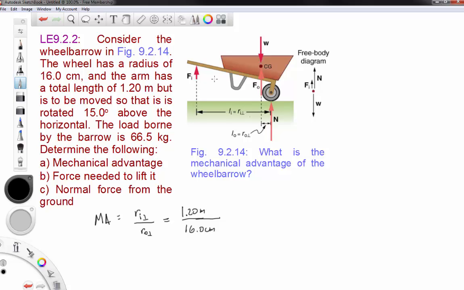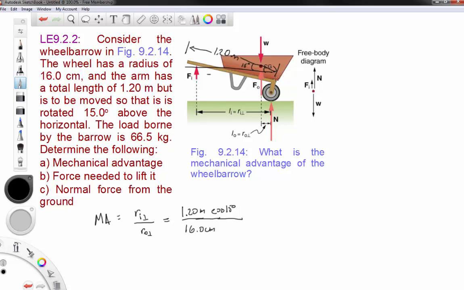Now, with that said, the length that we've been given is the length of this arm. So this is 1.20 meters. And we're told that it's at a 15-degree angle. So if we wanted to find this length right here, it's basically going to be given by that length times the cosine of this angle. So we need to include a cosine of 15 degrees here in order to get the full mechanical advantage.